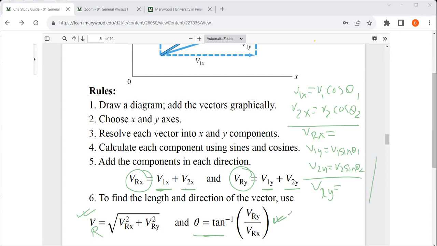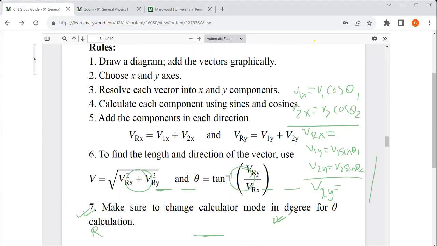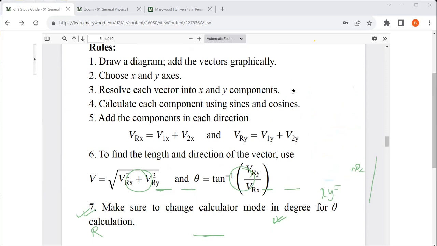We will do some problems in the problem solving class. I'm going to stop here because the next topic is a little bit different, so try to understand these first.